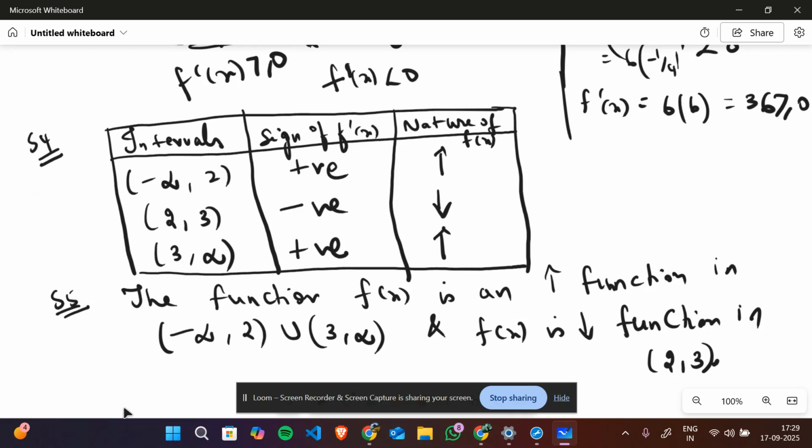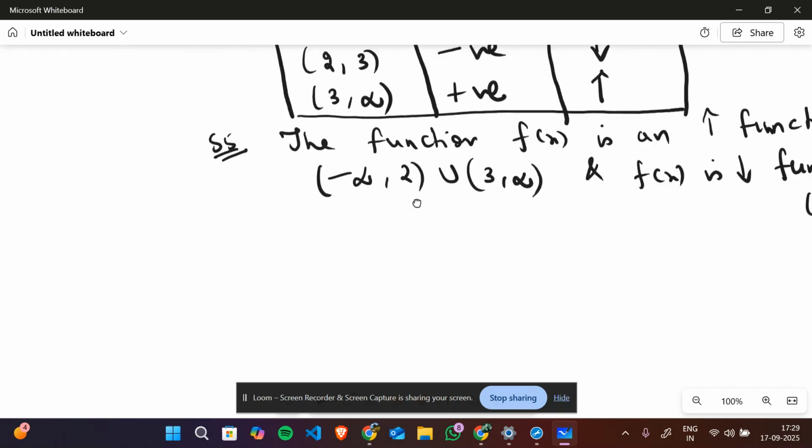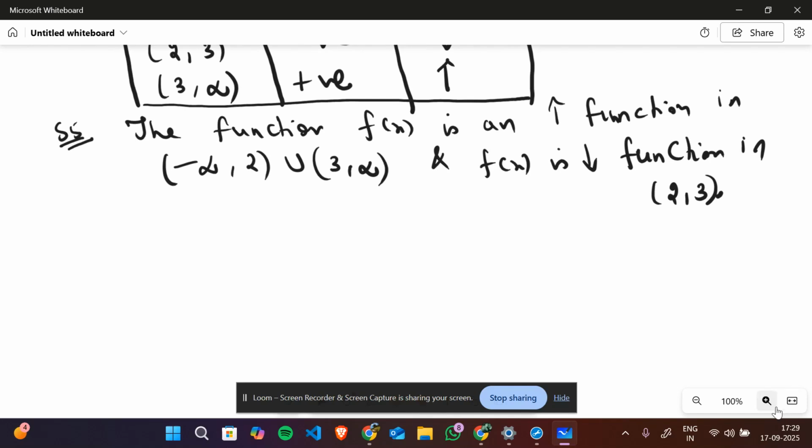This is for your practice. The first question, find the intervals for which the function f of x is equal to 4x cube minus 6x square minus 72x plus 30. And the second question is f of x is equal to x minus 1 into x minus 2 the whole square.